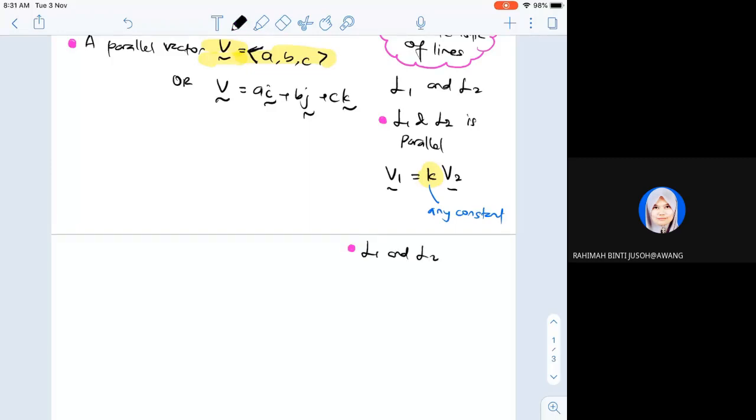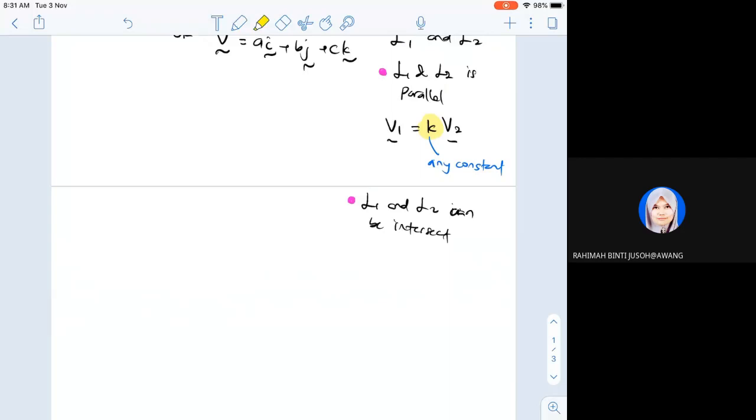Number 2: L1 and L2 can intersect each other. Tadi parallel, saya highlight sikit. Parallel, and now intersect.